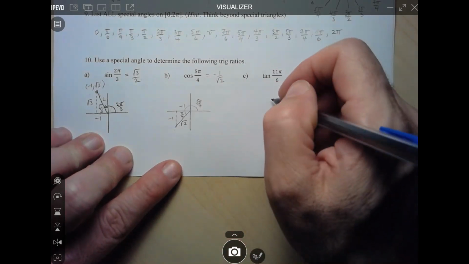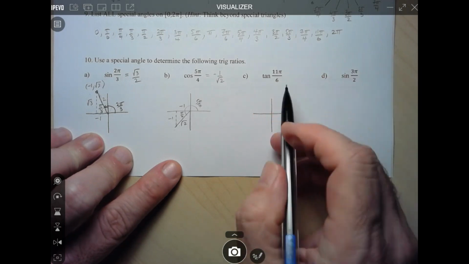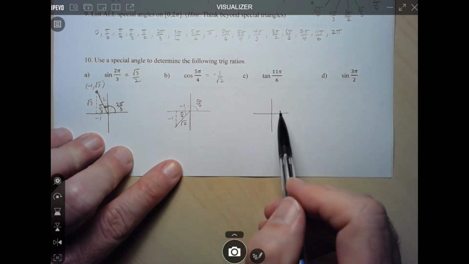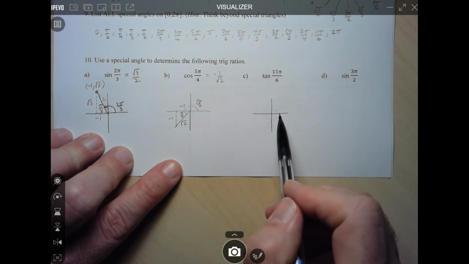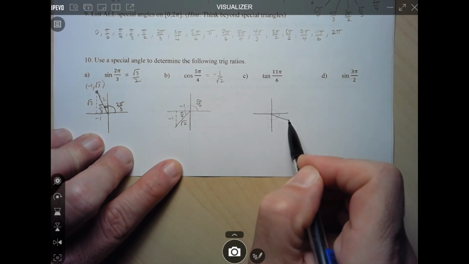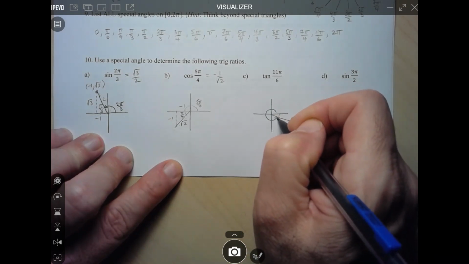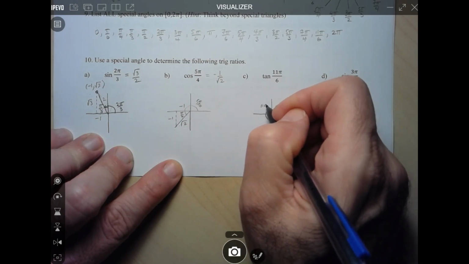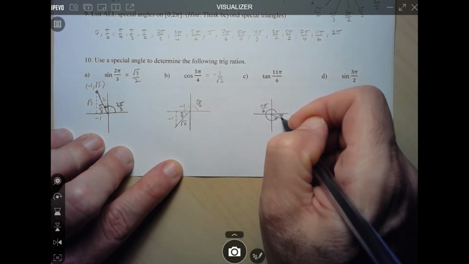Okay, here, 11 pi over 6. Well, this looks a lot like 12 pi over 6, which is a full turnaround. 12 pi over 6 minus 1 pi over 6. The angle I'm interested in is 11 pi over 6, and my related acute angle is pi over 6.